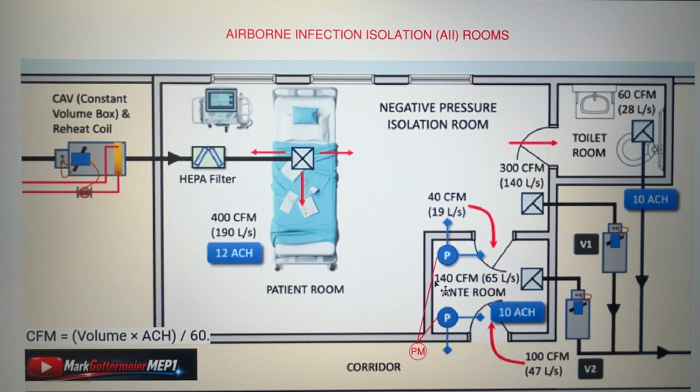So just to recap, we are bringing 400 CFM in, and we are taking 400 CFM out of that room with a little extra, pulling 100 CFM from the outside corridor. So it helps prevent any infectious diseases from getting out of that space.